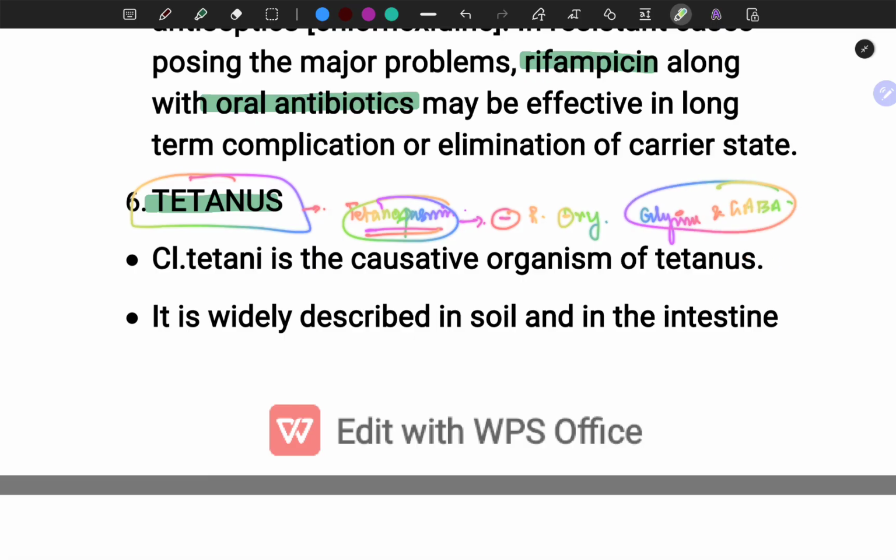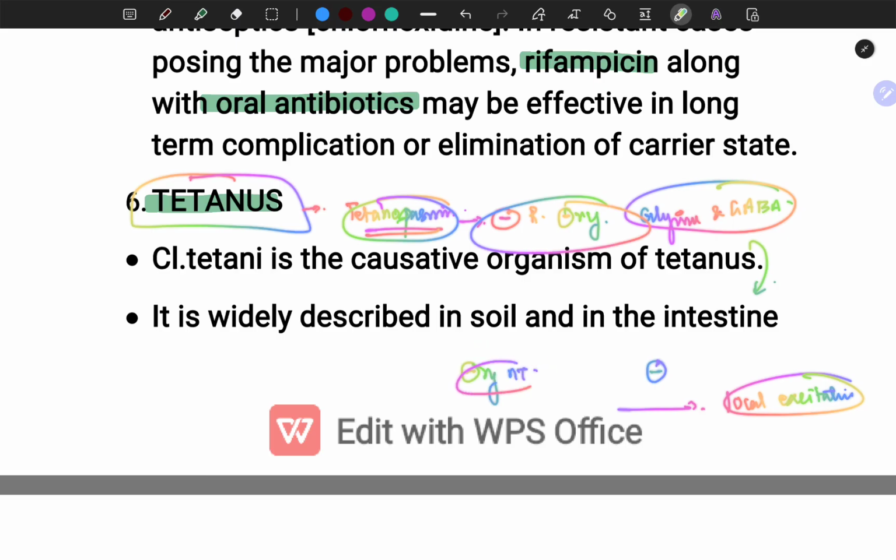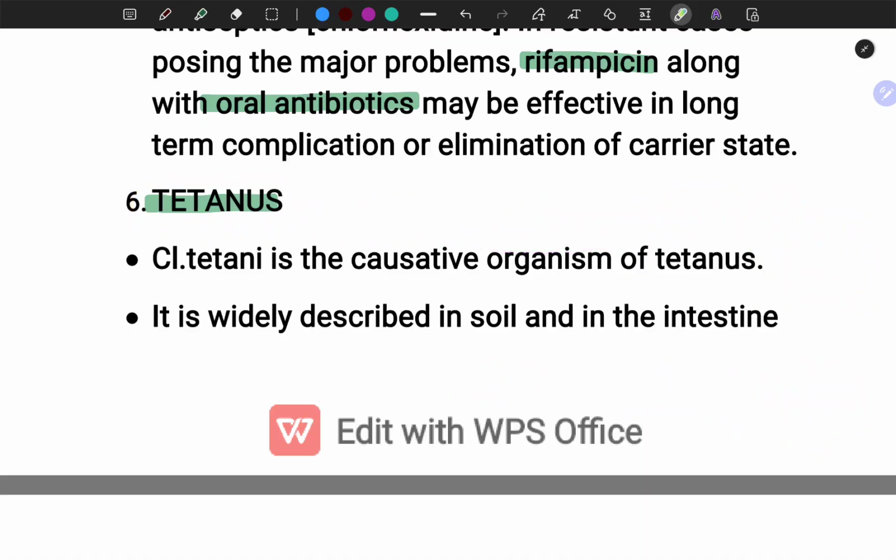So, if there is no inhibition, there will be local excitation. Remember this: if the inhibitory neurotransmitters are inhibited, there will be local excitation, and because of that hyperextension, lockjaw, risus sardonicus, all these things will happen.